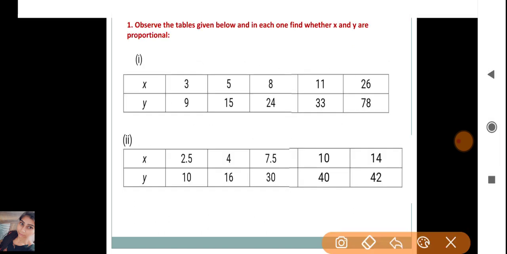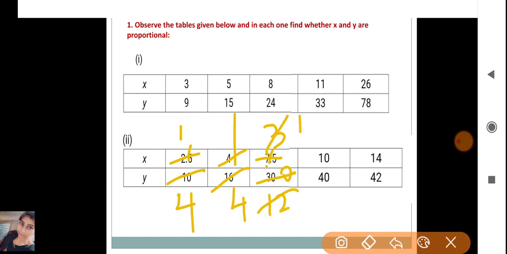This is 2.5, so it will be what? 1 by 4. 4 ones are 4, 4 fours are 16. This will be, we remove the point and 0. So 25 ones are 25, 25 fours are 100, 25 3s are 75, 25 8s are 200.